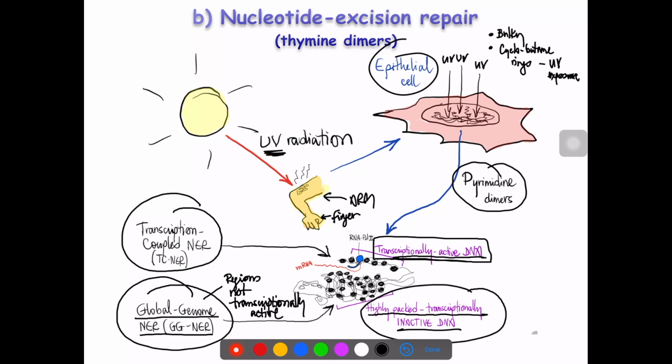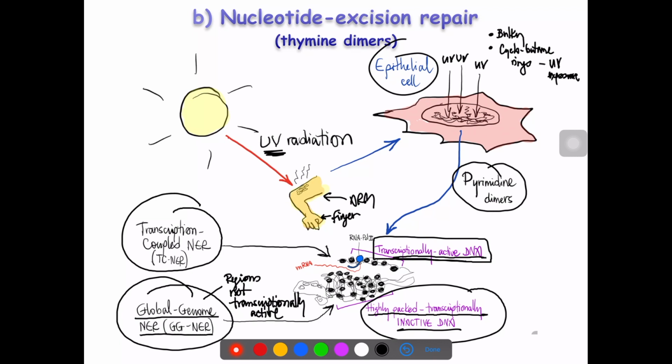Now, before doing that, keep in mind one thing. The only difference between these two different mechanisms of nucleotide excision repair, global genome versus transcription coupled nucleotide excision repair, is who detects the DNA damage. The enzyme that does the very first thing, and that is finding the DNA damage that needs to be fixed, that enzyme is the one that is different between these two different mechanisms.